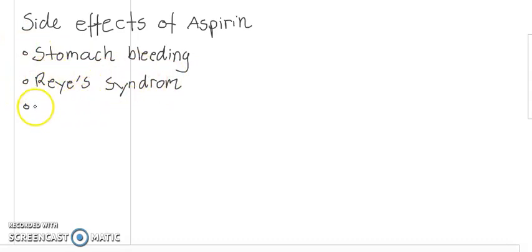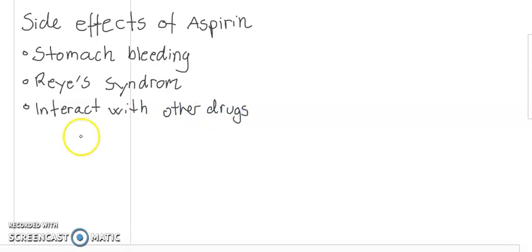And the last side effect of aspirin is actually if you interact with other drugs, like alcohol.